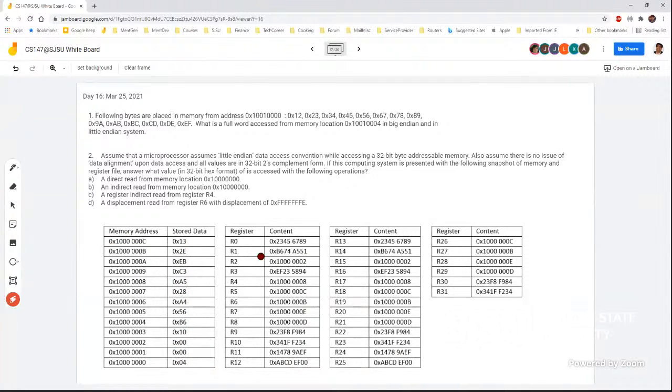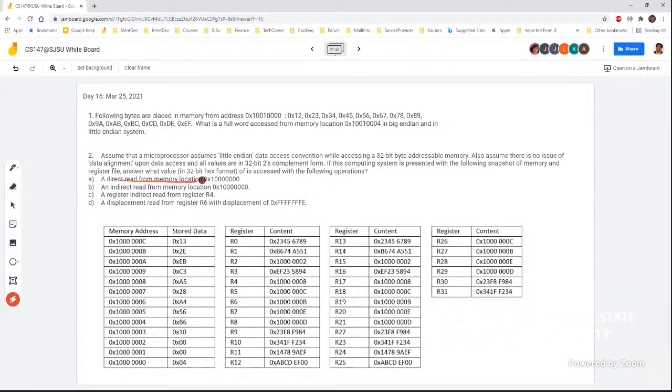And then I have this 32-register snapshot, with the register and the corresponding value in hex format stored in it. So what we need to do is exercise our understanding of different data access processes.